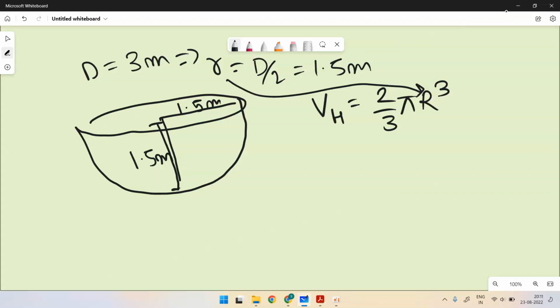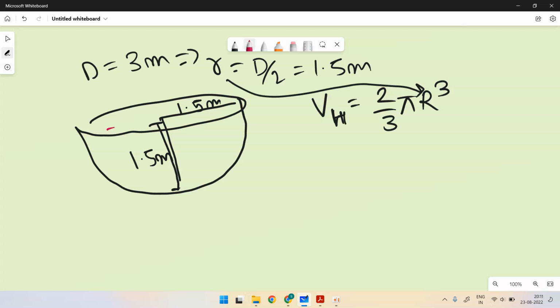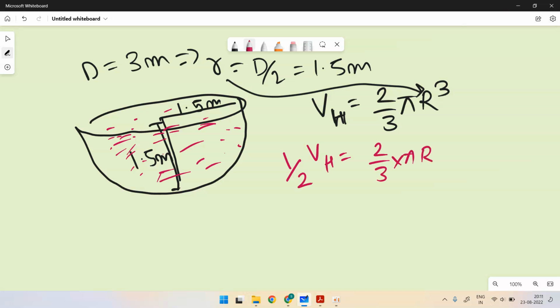This volume of the hemisphere is the volume of the tank when the water is full. In the question we have to empty half the tank, which implies half of V H, that is 2 by 3 into pi r cube into 1 by 2.